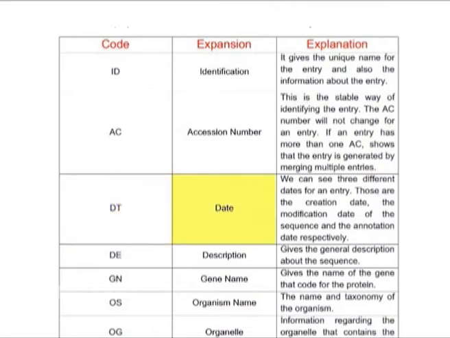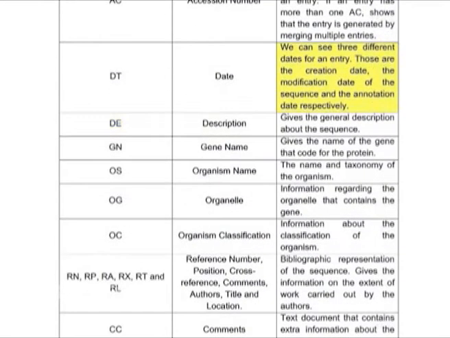DT gives us the date. We can see three different dates for an entry. Those are the creation date, the modification date of the sequence and the annotation date respectively. DE gives us the description. It gives the general description about the sequence. GN is the gene name. It gives the name of the gene that codes for the protein.